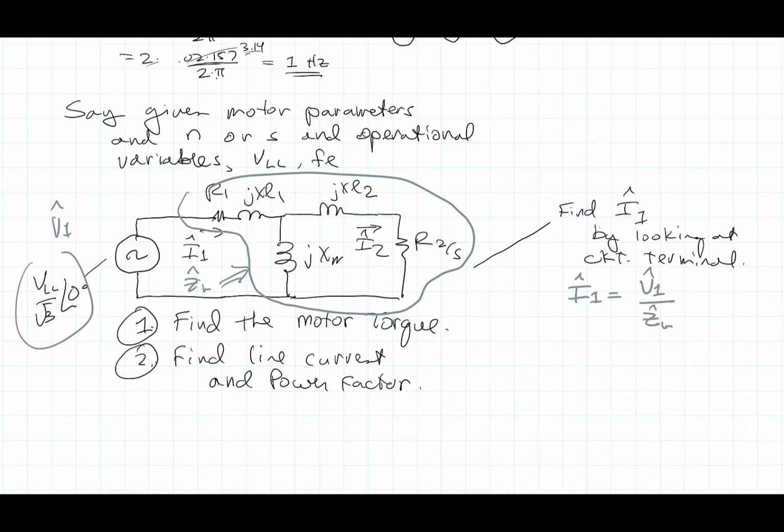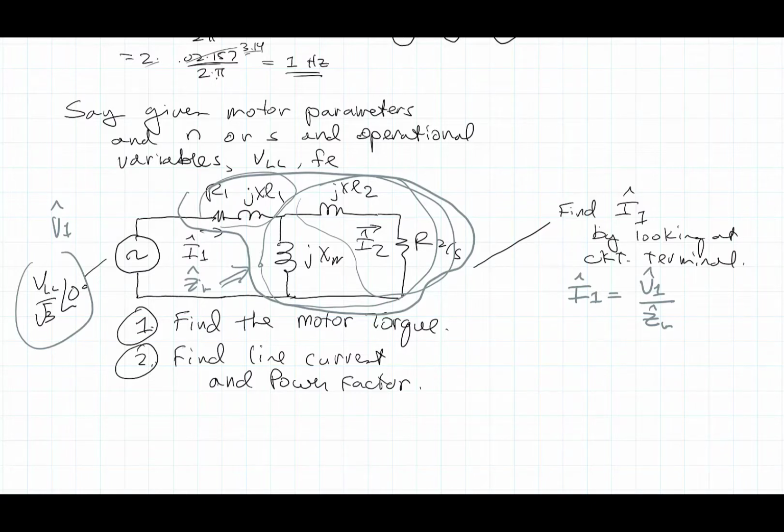So you have to find Zin. To do that, you've got to take these two impedances and put them in parallel with this, and then add this in series. That's the example we went through in class last time.